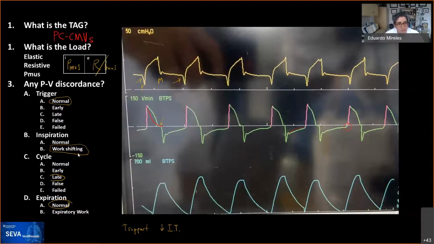You recognize work shifting, and I'll show you. I think I have an example later on of extreme work shifting during pressure control, so you can see flow starvation during pressure control because the patient effort is so big. And then you recognize the late cycle appropriately.